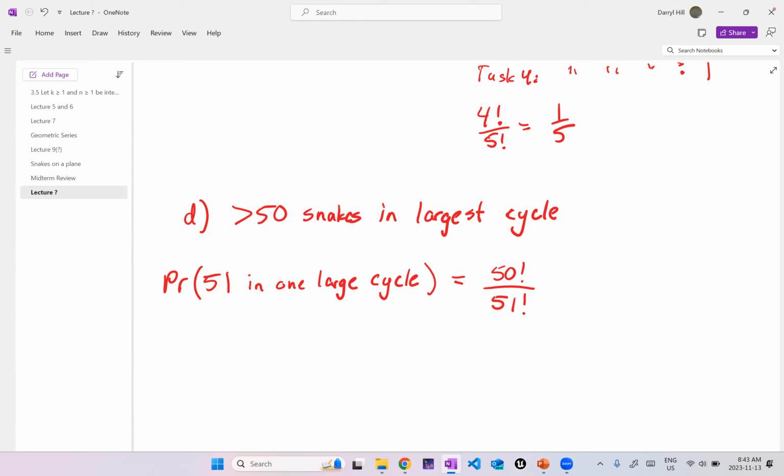So it's basically the same thing we did for the 100 snakes, 99 factorial over 100 factorial. Now it's 51 snakes. Of course, that's not all we have to count, right?